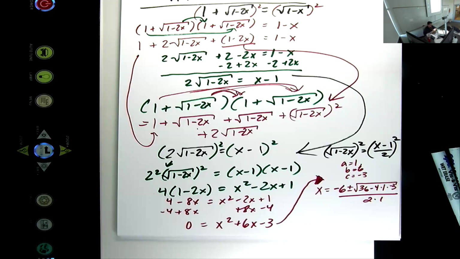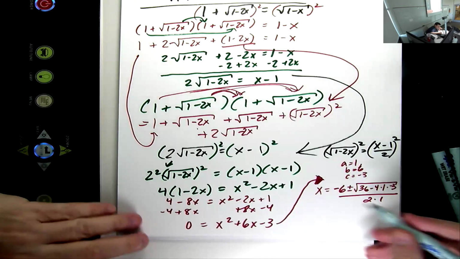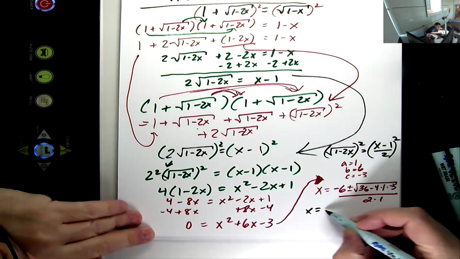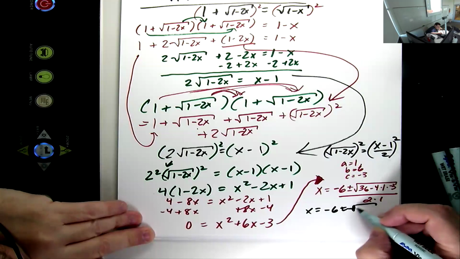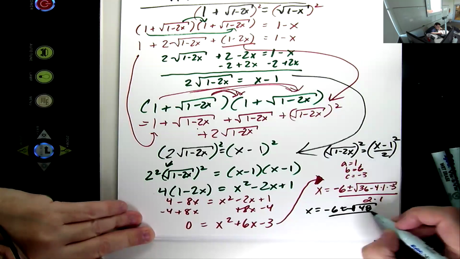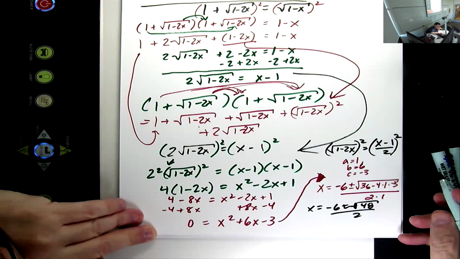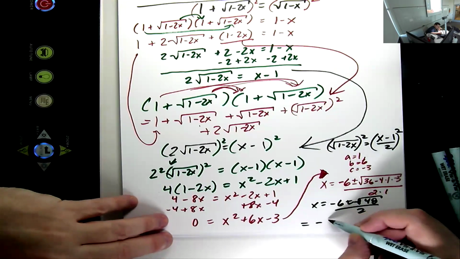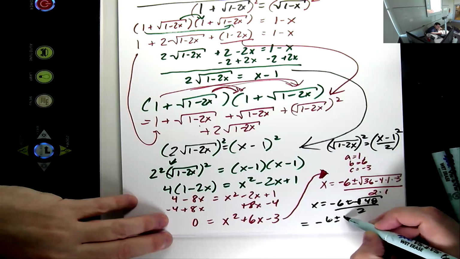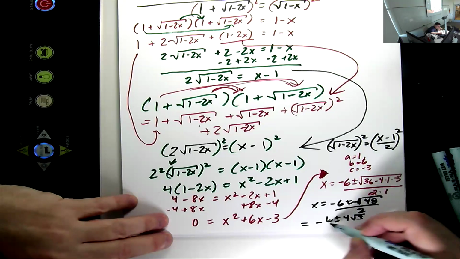All right, so if we clean this up a little bit. This is -6 plus or minus square root of 48, over 2. Which is -6 plus or minus 4 root 3 over 2.